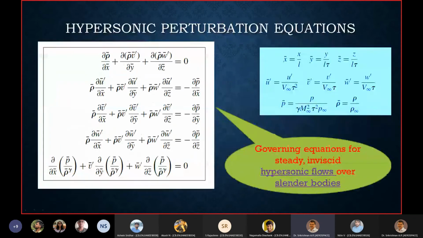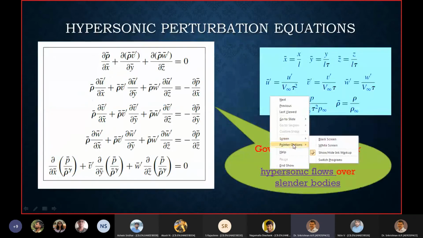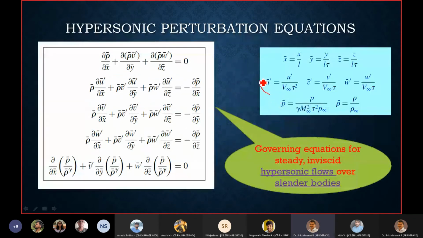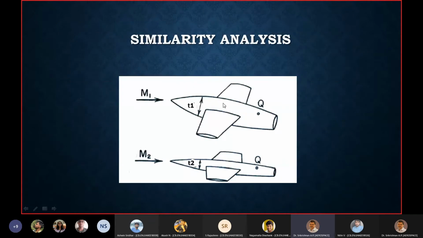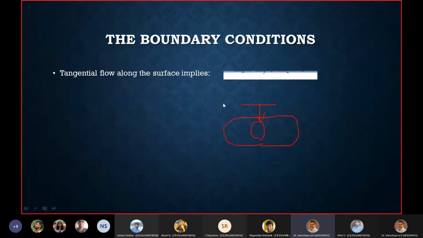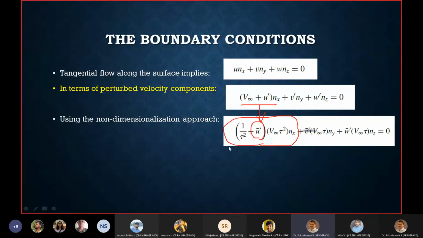That is, u prime dash, or u dash bar, or whatever, is equal to u dash divided by v infinity tau squared. And just the same definition is being taken here to rewrite the equation using the non-dimensional form. So when you do that, the first term, for example, becomes 1 by tau squared plus u bar into v infinity tau squared multiplied by nx.